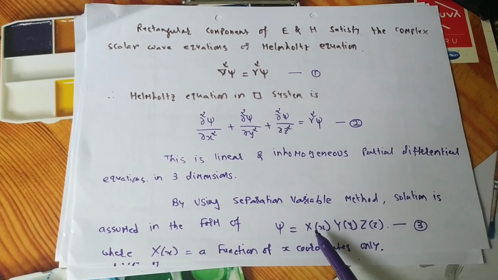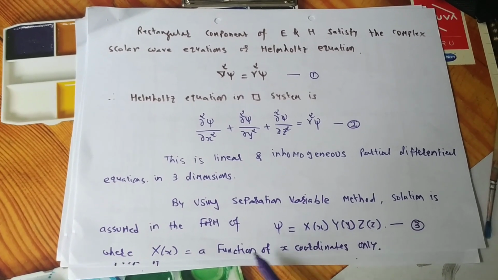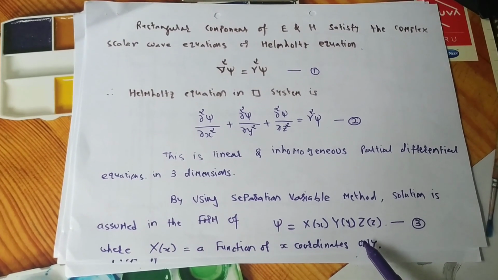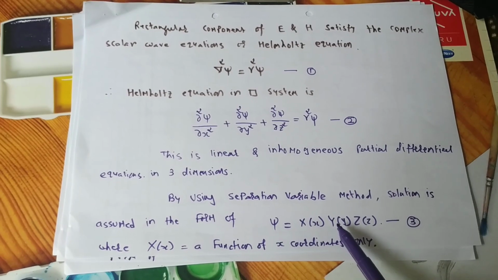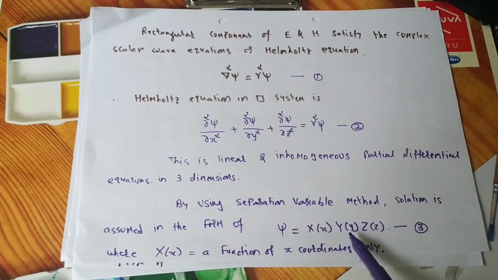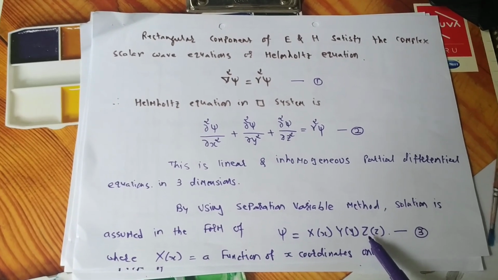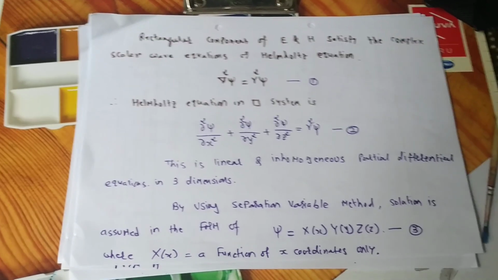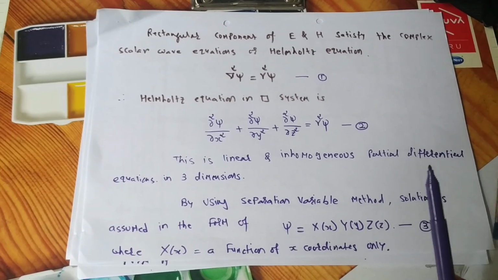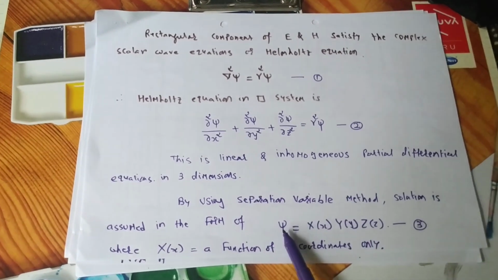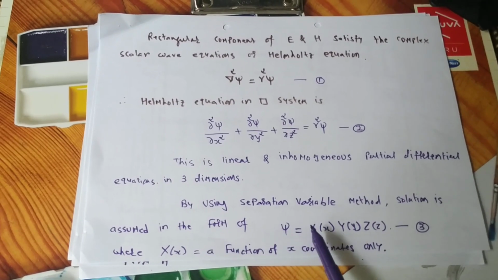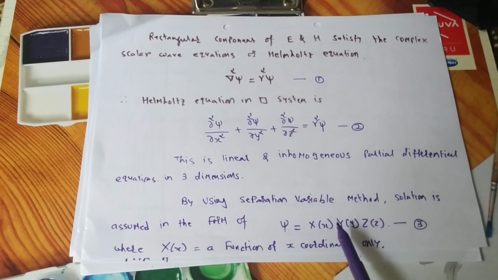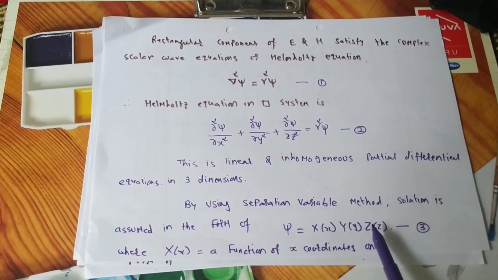Here capital X of x is a function of the x coordinate only, in the same way Y of y is a function of the y coordinate only, and Z of z is a function of the z coordinate only. So sigma is ultimately the solution in terms of three independent variables X of x, Y of y, and Z of z.